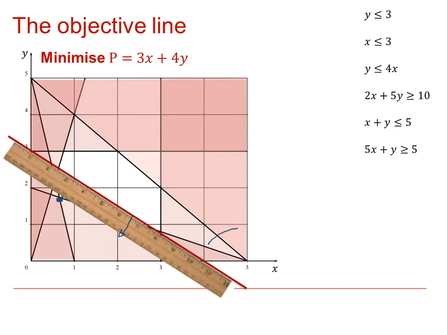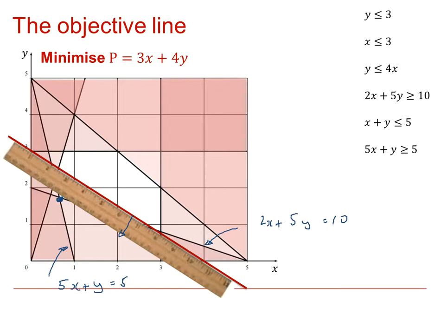The first one is this line here, which is the line 2x plus 5y is equal to 10. And the other line is this line here, which is the line where we have 5x plus y is equal to 5. So we could solve simultaneously the two equations, 2x plus 5y equals 10 and 5x plus y equals 5.